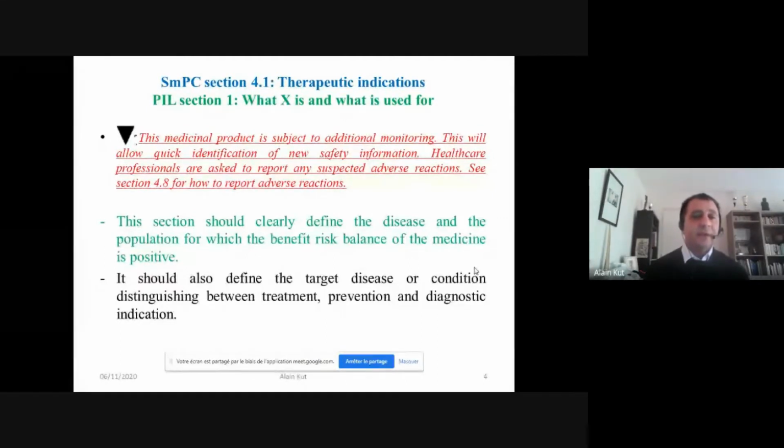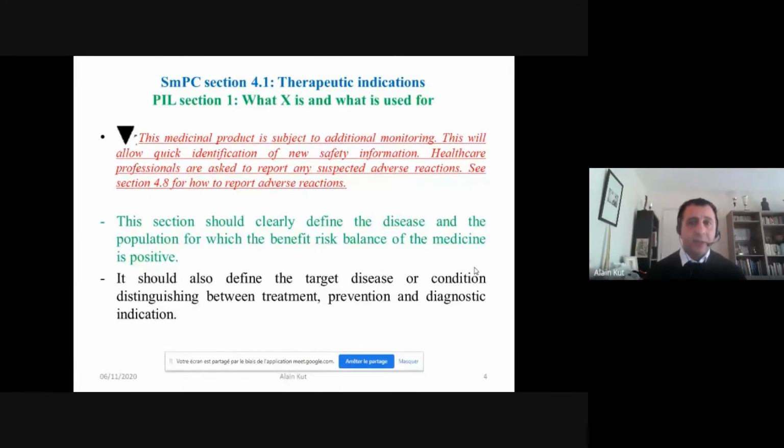This inverted black triangle we can find now in SMPC with the additional information that will allow quick identification of new safety information and help healthcare professionals to notify any adverse event or reactions.